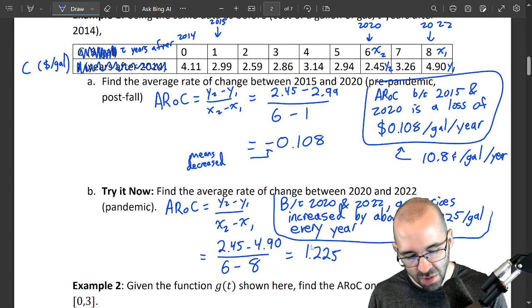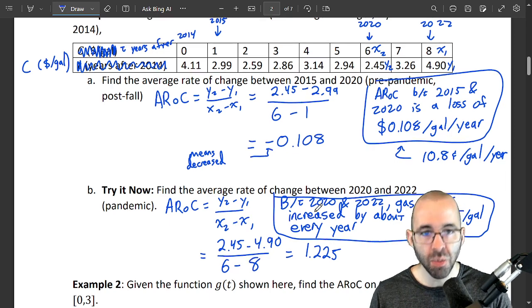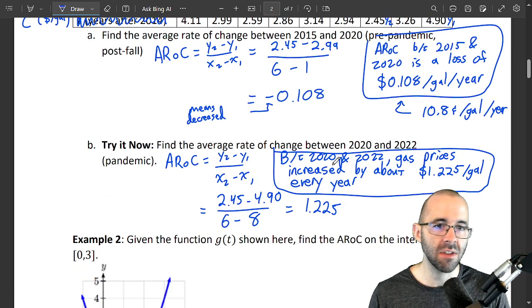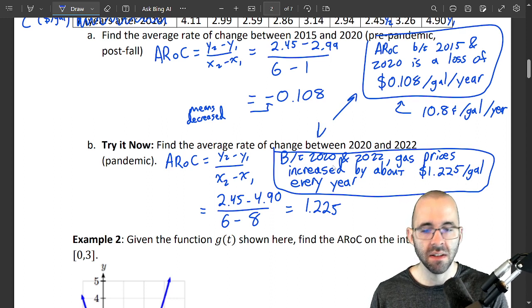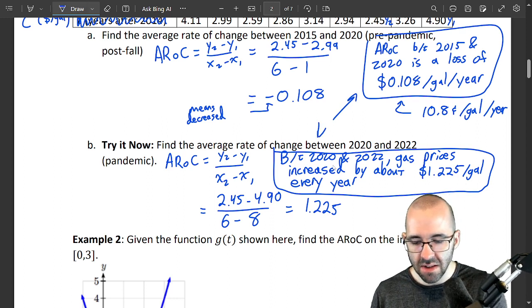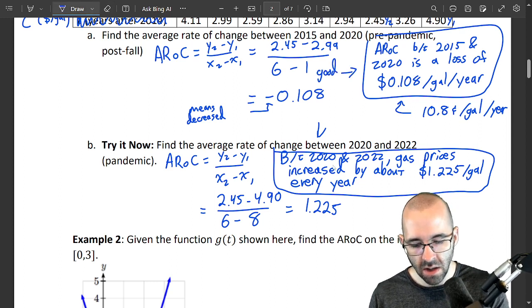So notice that my actual sentence structure here is pretty different than my sentence structure in the answer for part A. I would take both of these sentences, but I would actually say that the sentence structure I used in the bottom is better. This one's good, but this phrasing is better.